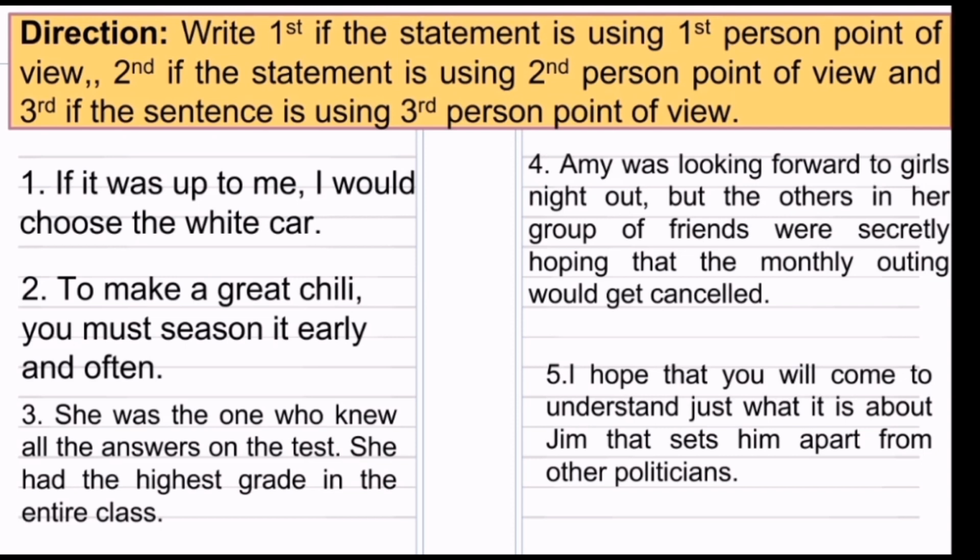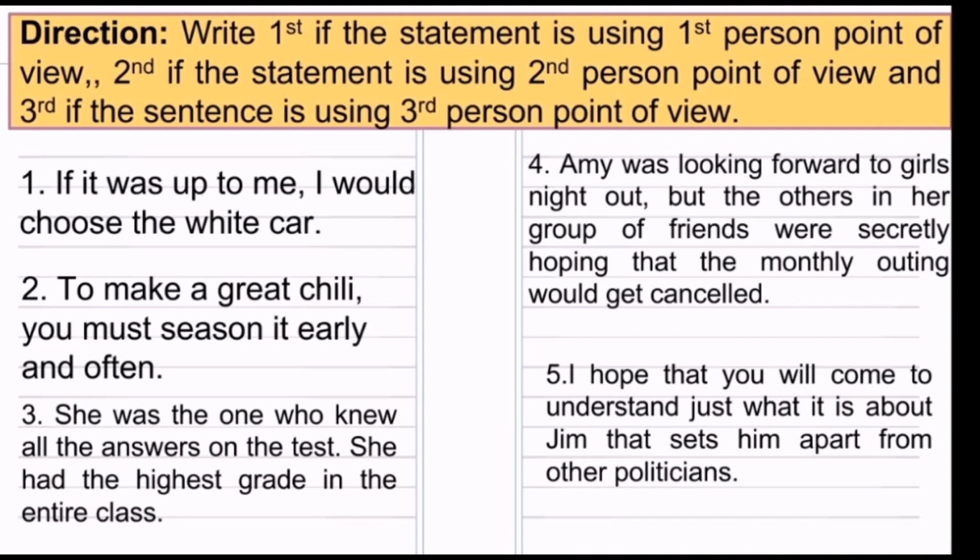Number 1, if it was up to me, I would choose the white car. Number 2, to make a great chili, you must season it early and often. Number 3, she was the one who knew all the answers on the test. She had the highest grade in the entire class.